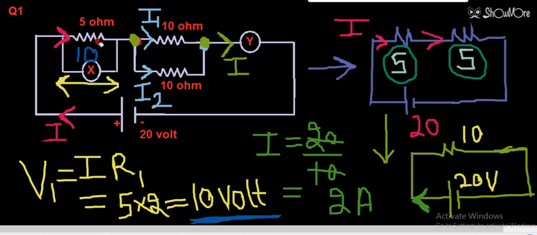So this voltmeter will give me the reading of 10 volt. After that, the next 10 volt will drop across this 10 ohm, because in a parallel combination the voltage drop will be the same. But this thing is not asked. He has not asked about the voltage drop across this resistance, so we are not going into that matter.